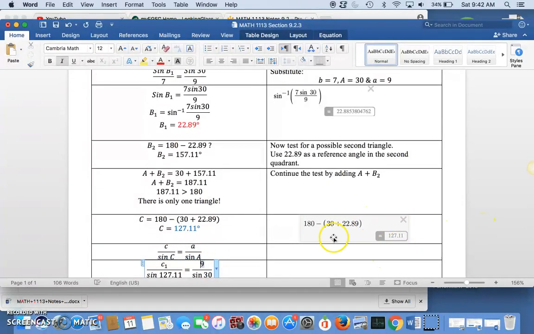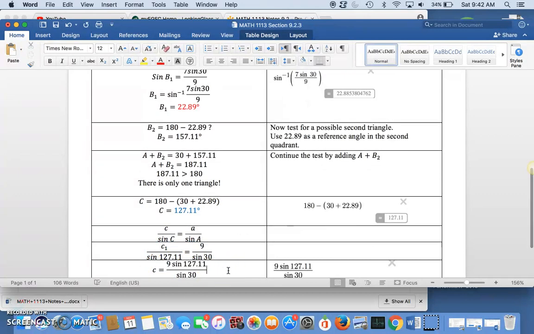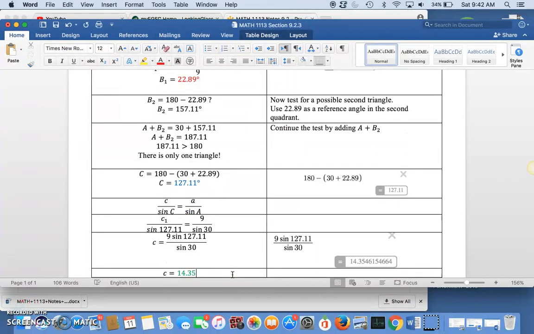It's arithmetic if you need it. Now, the only thing missing was the side C. C corresponds to the angle 127.11. 9 was A, and its corresponding angle was 30. We'll cross multiply and then divide by the sine of 30 so that we have C by itself.